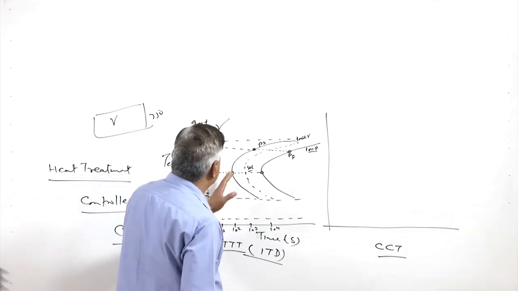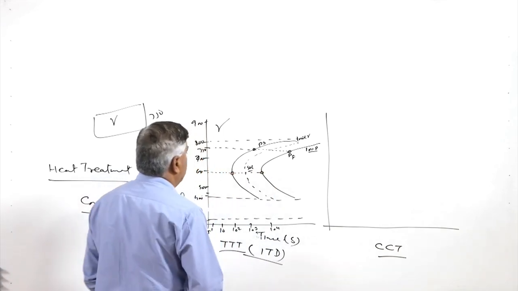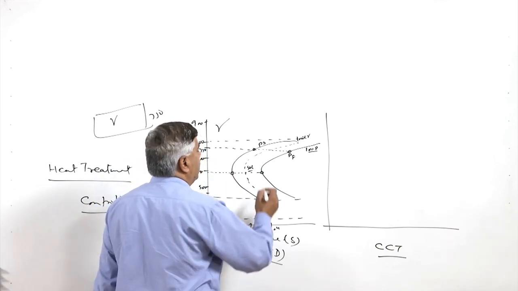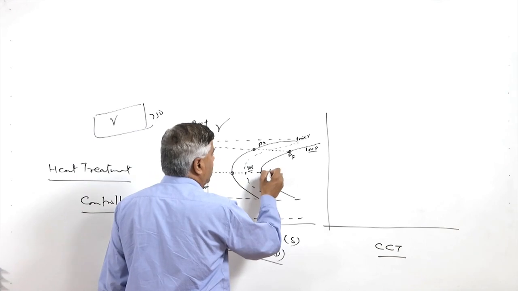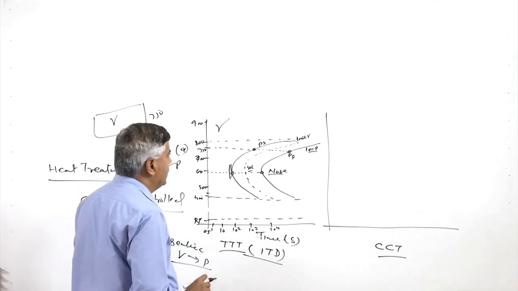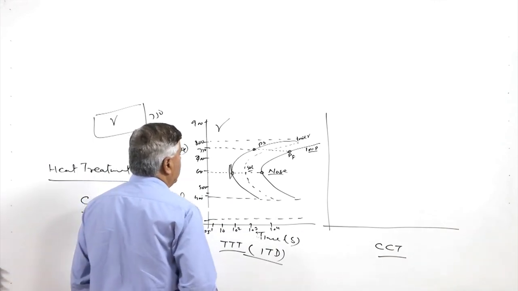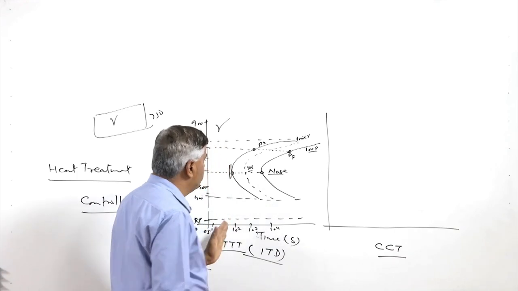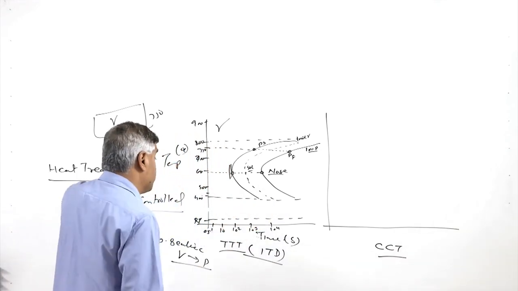This is the temperature at which the transformation starts earliest and ends earliest. This is called the nose of the TTT diagram, and it shows the temperature at which it will take minimum time to start and end the transformation.